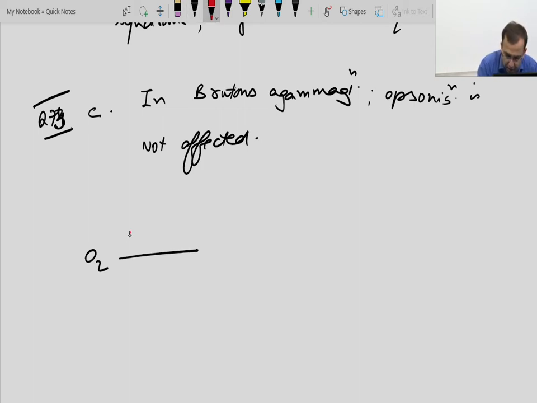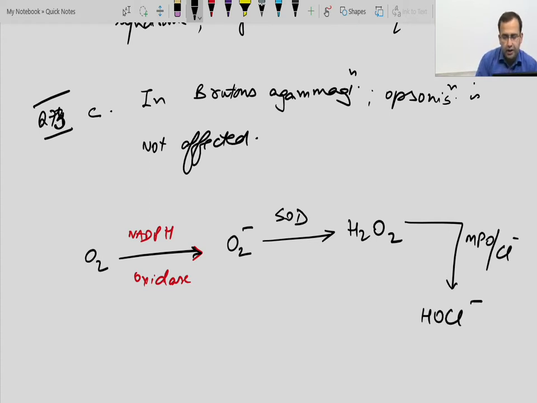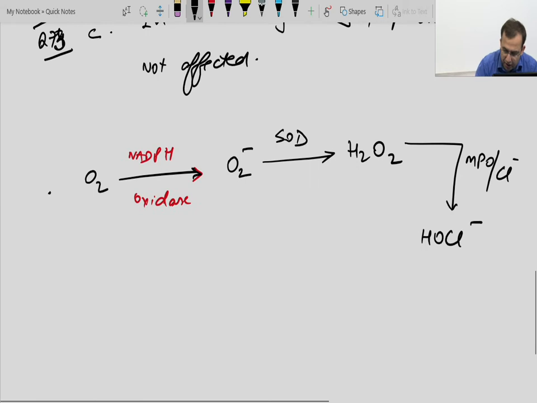Oxygen is acted upon by NADPH oxidase, leading to the formation of superoxide anion, which is then converted by superoxide dismutase to H2O2, further acted upon by myeloperoxidase and chloride, leading to hypochlorous anion. So the first and the fourth statements, that myeloperoxidase action is mainly because of hypochlorous anion, are true. Next point, Chediak-Higashi syndrome.